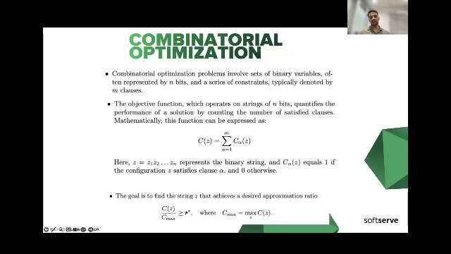Usually this r is, let's say, 90%. By 90%, I mean that I'm trying to find an approximate solution. If it was an exact solution, then this ratio would just be 1, right? But usually you can aim for 80, 90%, and that's the goal of combinatorial optimization, okay?